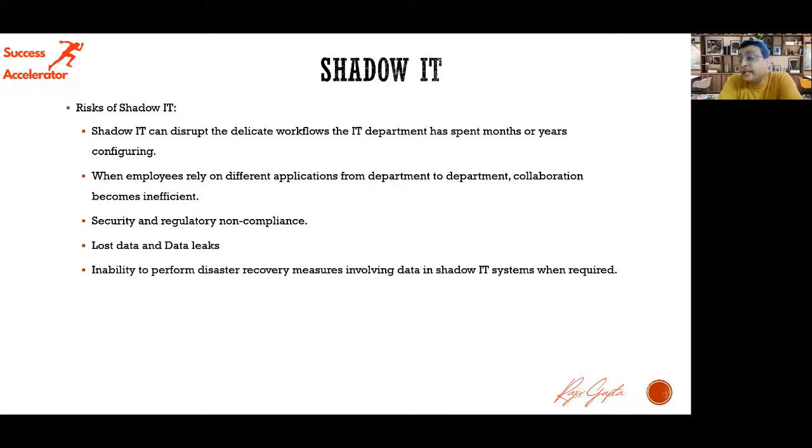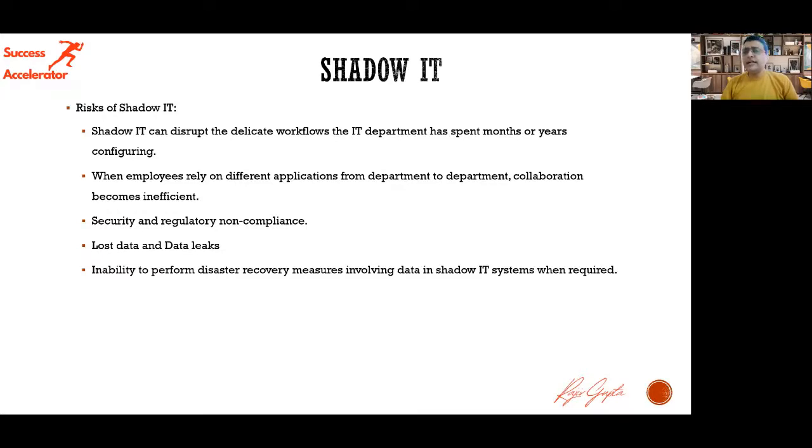And data leak is also a risk, because we don't know how reliable that vendor is, how good controls that vendor has put in place on the user company's data security. And without that information security evaluation, if you are taking license and using some software, there is a risk of data leak, right? So there are some advantages from user perspective, but there are some disadvantages from the organization perspective.